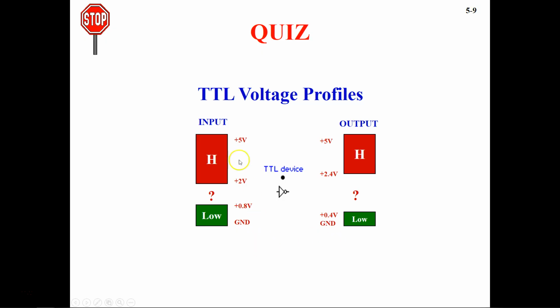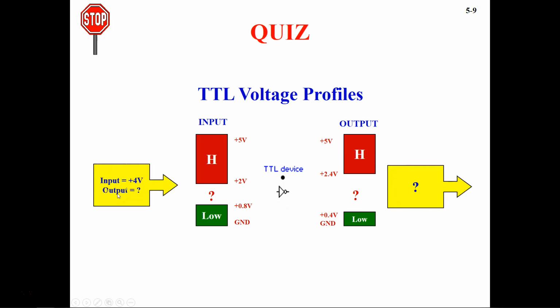Now let's see the TTL voltage profile. So another quiz. You see here it's from ground to 0.8 volts for low voltage and 2 volts to 5 volts for high in case of the input voltage profile, and for the output, high is from 2.4 volts to 5 volts, and low is from ground to 0.4 volts.